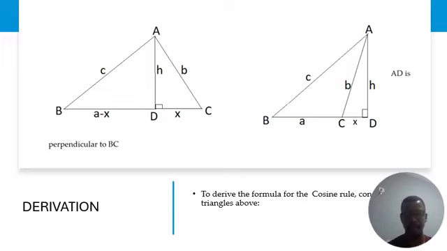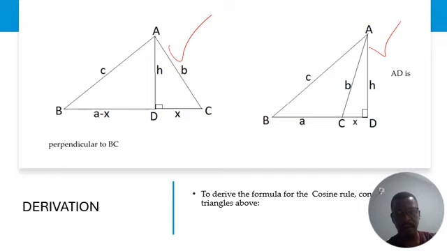We are going to do that by a demonstration using these triangles. For me, I will use the first triangle. I will use this triangle. I will require you to go do a research on the second triangle.